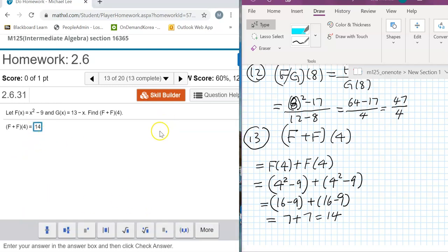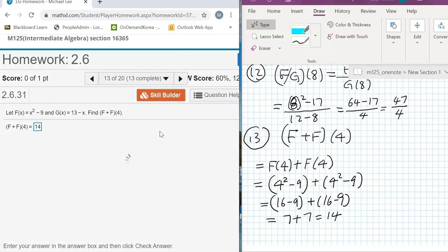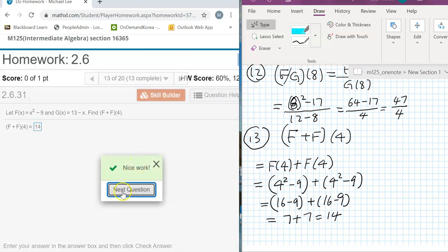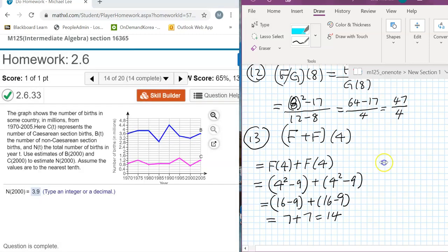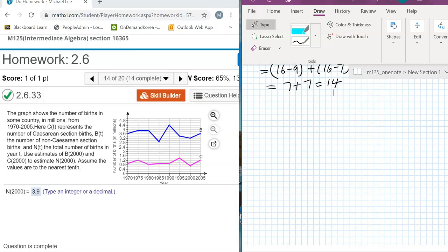Okay, and then the next question is question number 14. Now let's see what this is. The graph shows the number of births in some country in millions from 1970 to 2005.